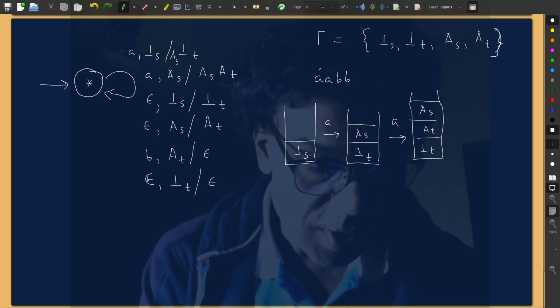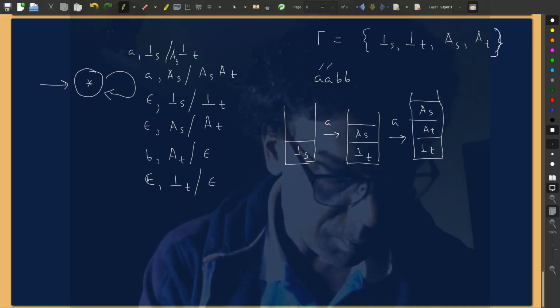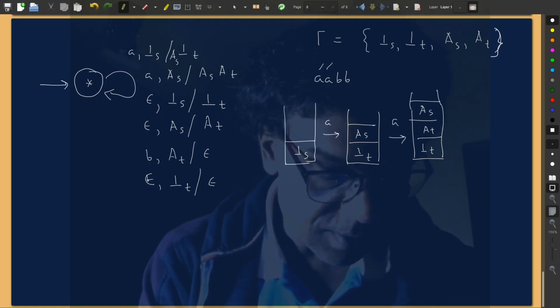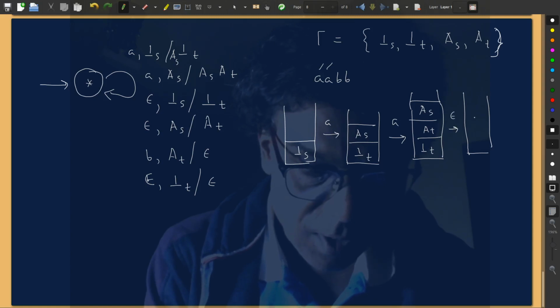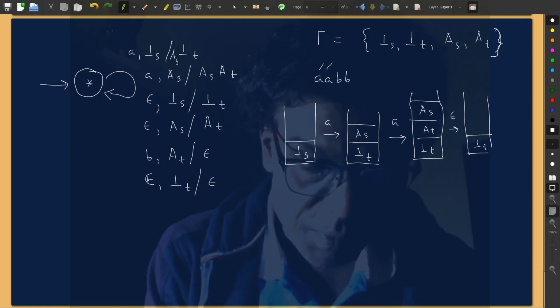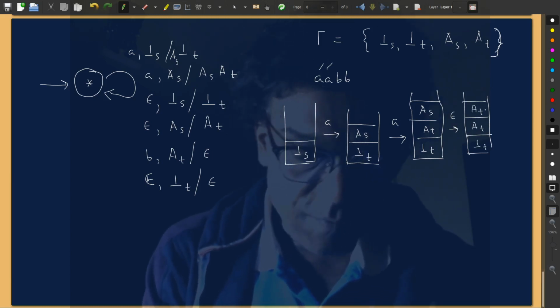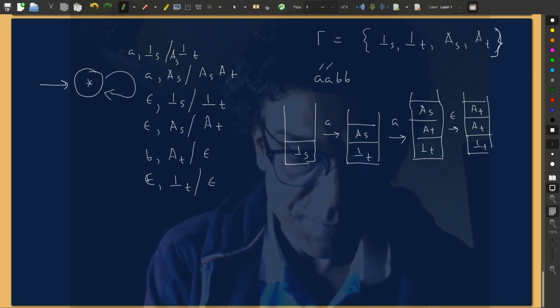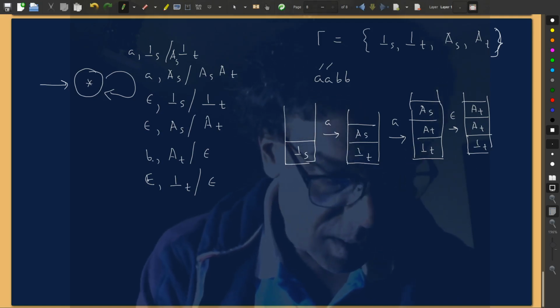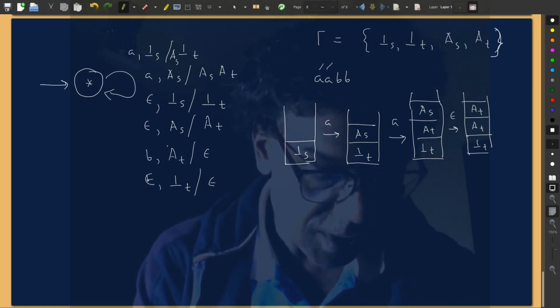Then two A's are consumed. Now there is a necessity to convert, to go from that earlier state S to state T. So I will use this AS AT. So this becomes epsilon, bottom T, AT AT. Then you are effectively in state T. Okay. This is the right side. This is the left side of the triple. Then one by one you consume two B's, get rid of these ATs.